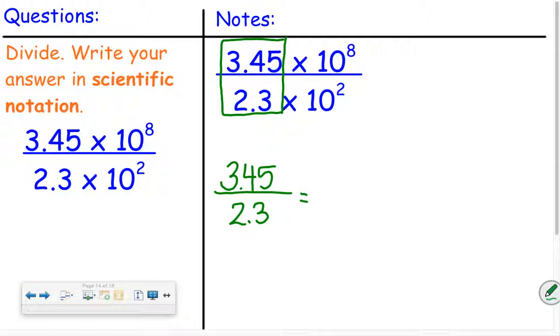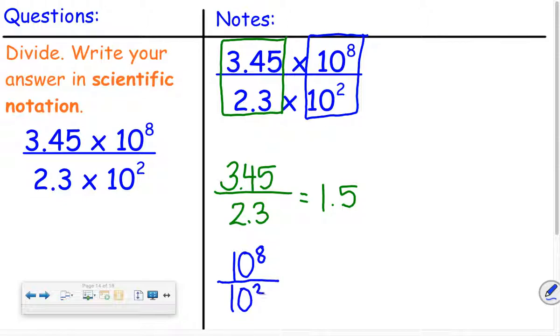So 3.45 divided by 2.3 is 1.5. And then if I subtract my exponents, 10 to the 8th divided by 10 to the 2nd is 10 to the 8th minus 2, which equals 10 to the 6th.